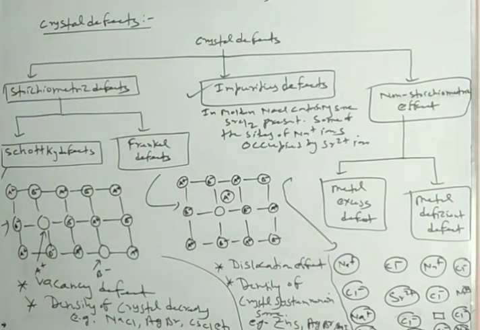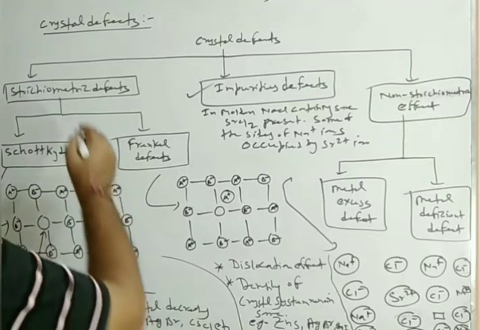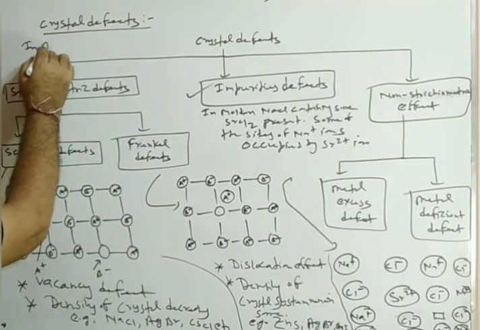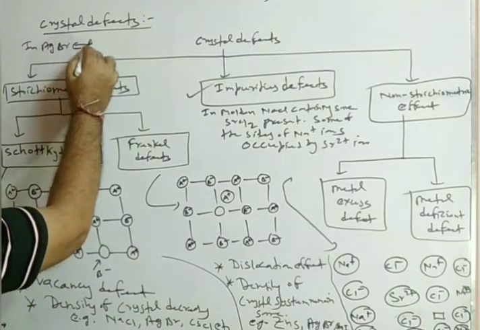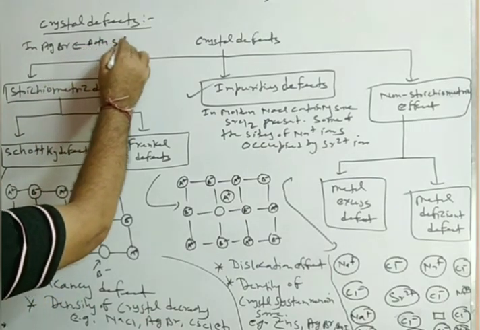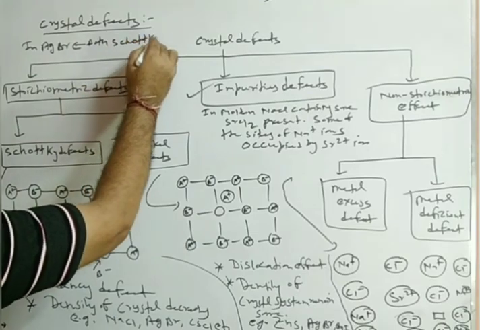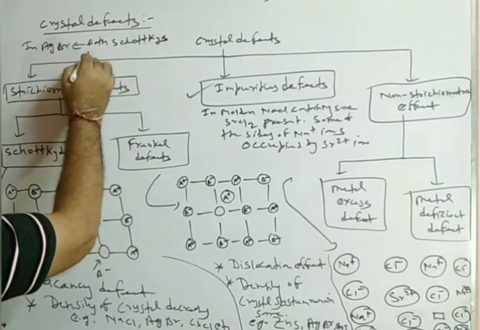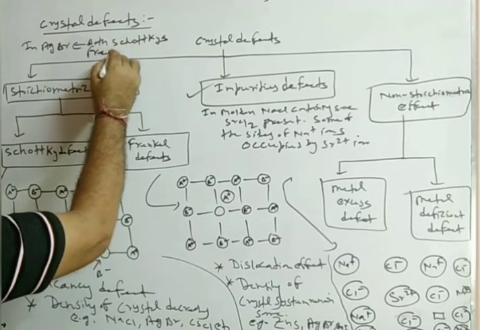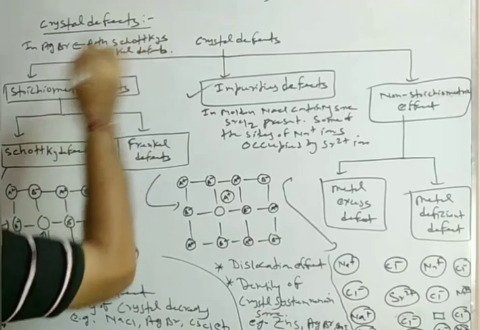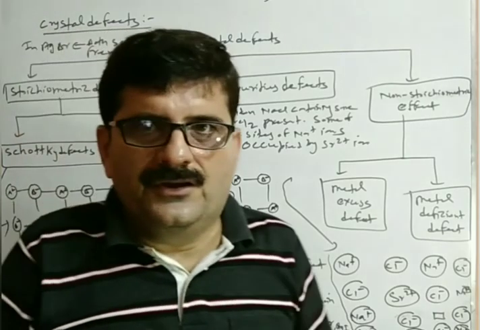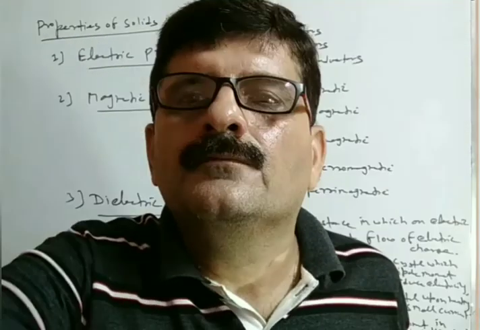One thing always remember, in AgBr, if we consider a stoichiometric defect, then both Schottky and Frenkel defects are present in the crystal system.